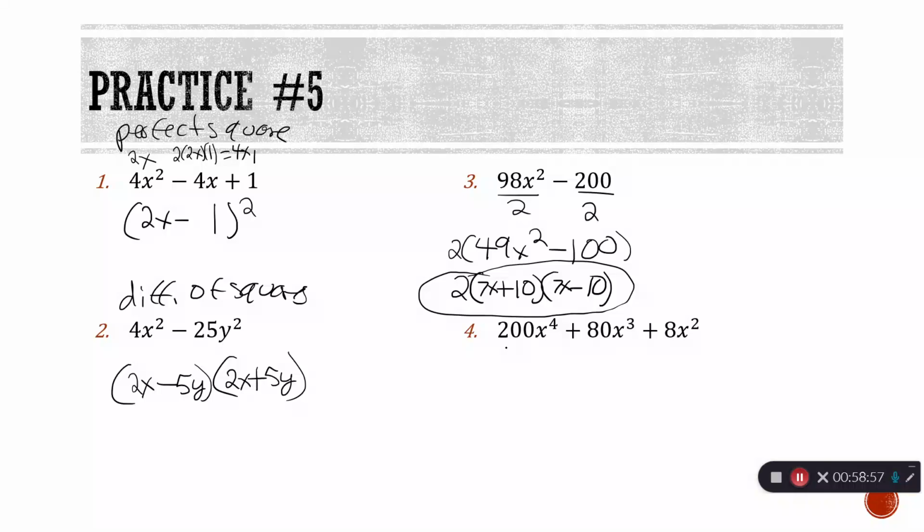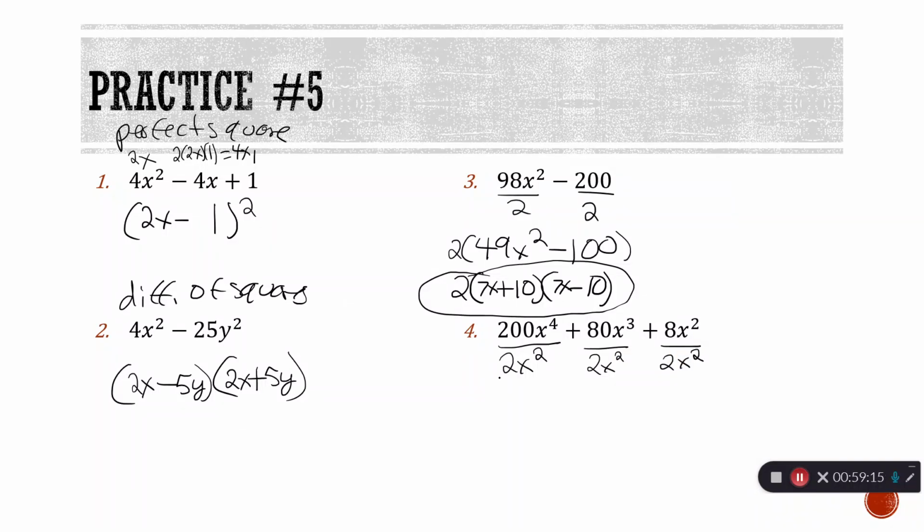Okay, so I'm going to pull out a 2 and an x squared, because smaller numbers are easier to do.